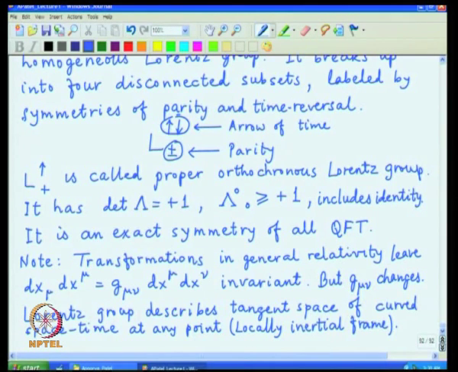So, this much is the background structure and definitions of Lorentz group. Next time we will study the consequences which follow from these mathematical definitions.